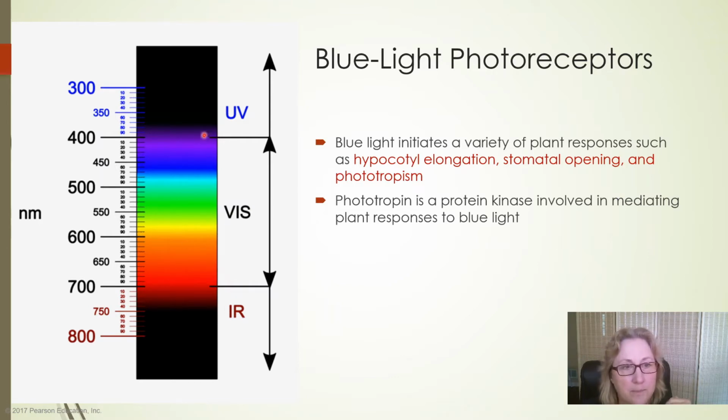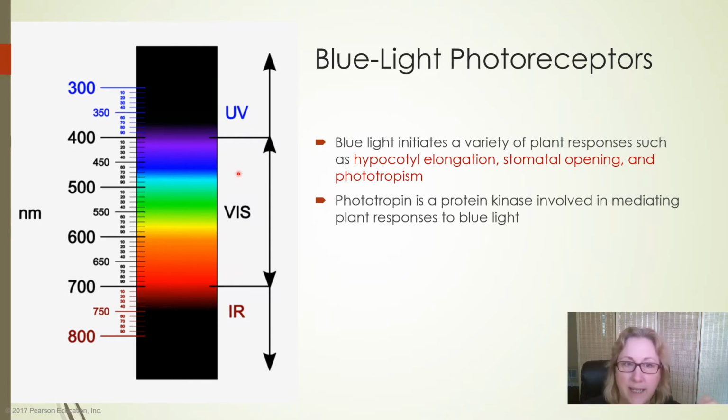So plants use the blue part of the spectrum here, blue light, for detecting the direction of the sun. And interestingly, our animal brains also use blue light to detect day and night.